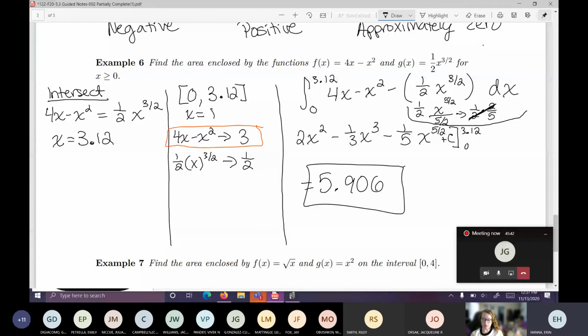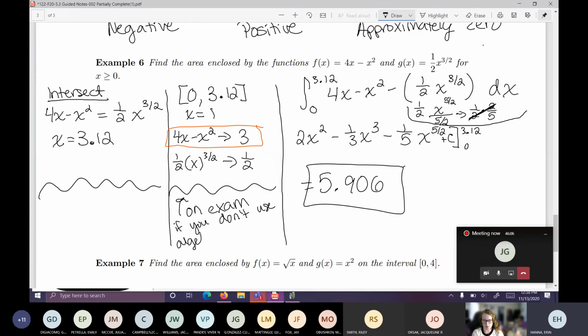So in terms of these kinds of questions on the exam, essentially all of the work I'm expecting is: I'm expecting you to show me where they intersect. I'm expecting you to tell me somehow that you found the top versus bottom. So on an exam, if you don't use algebra, I literally want you to write down "used graph."